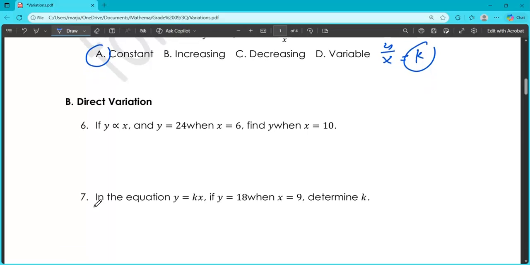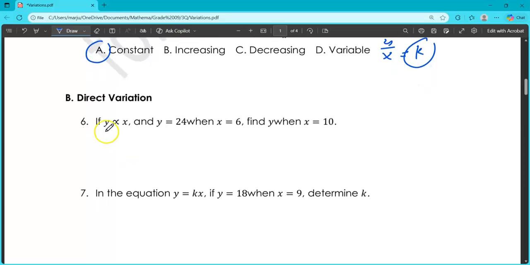Number 6, if y varies directly as x and y is equal to 24 when x is 6, find y when x is 10. So it's a direct variation. Our formula is y is equal to kx. Y is 24. So we have 24 equals k, x is 6.